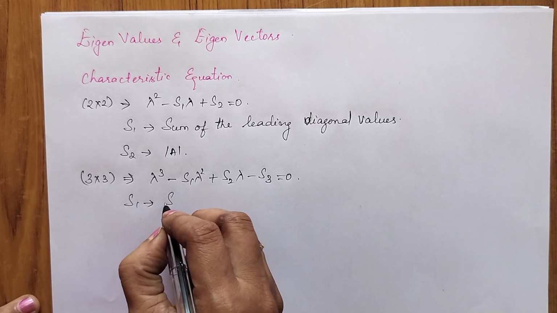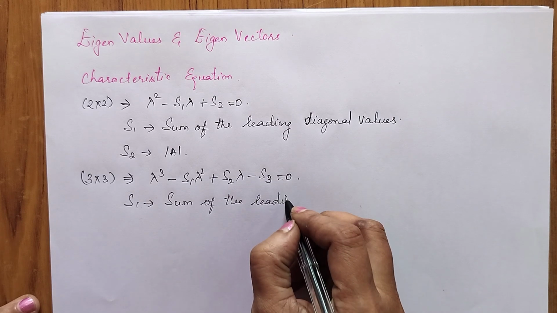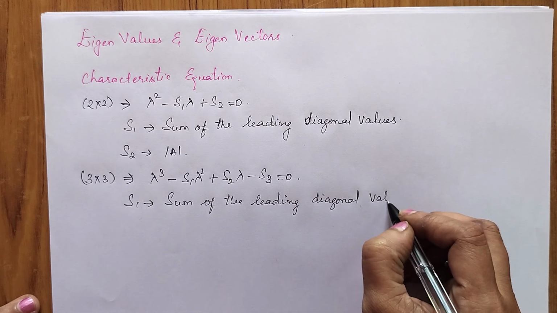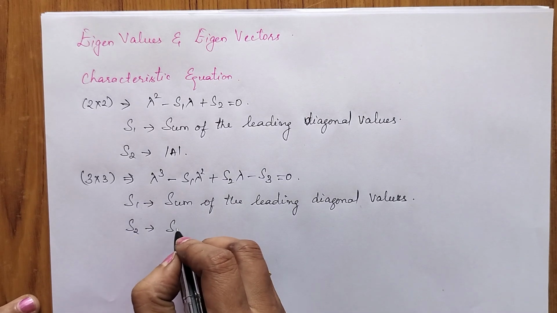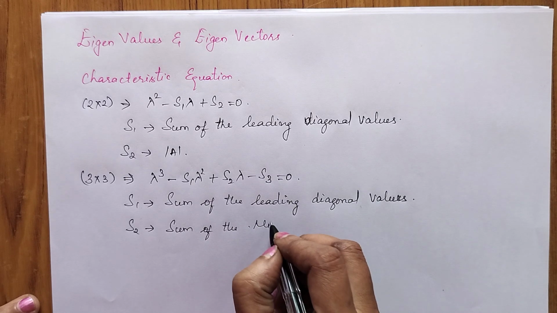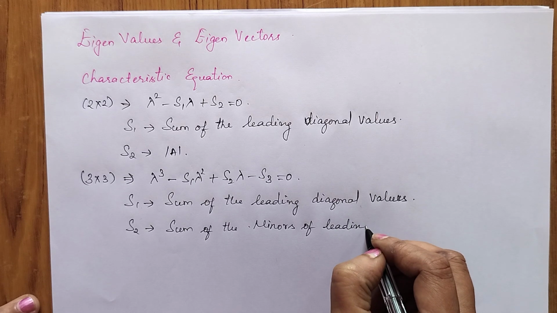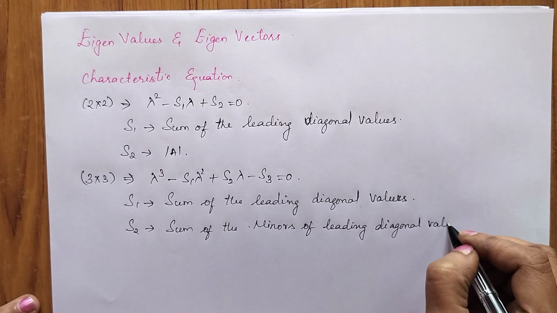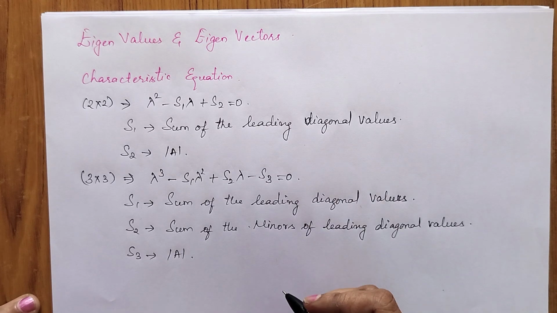Here S1 means the sum of the leading diagonal values, and S2 means the sum of the minors of the leading diagonal values. And S3 means determinant of A.